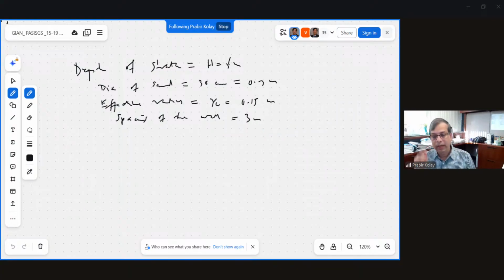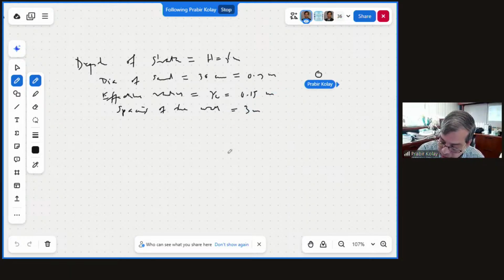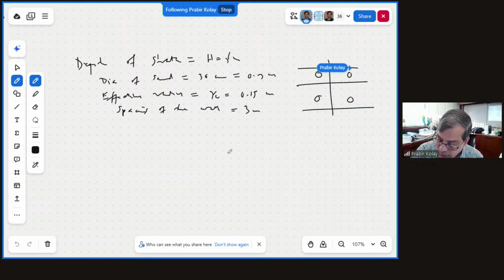Okay. So because it's a square pattern, we need to find out how much is the radius of influence zone. Basically we have a sand drain here, this is a sand drain, and this is another sand drain.